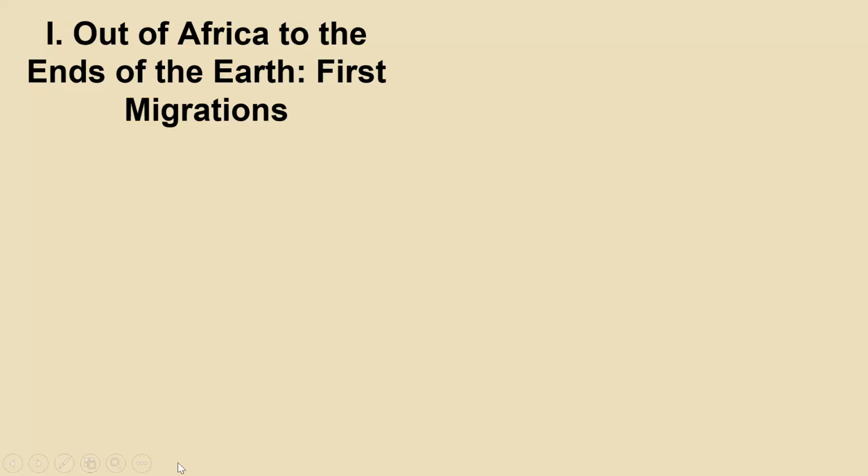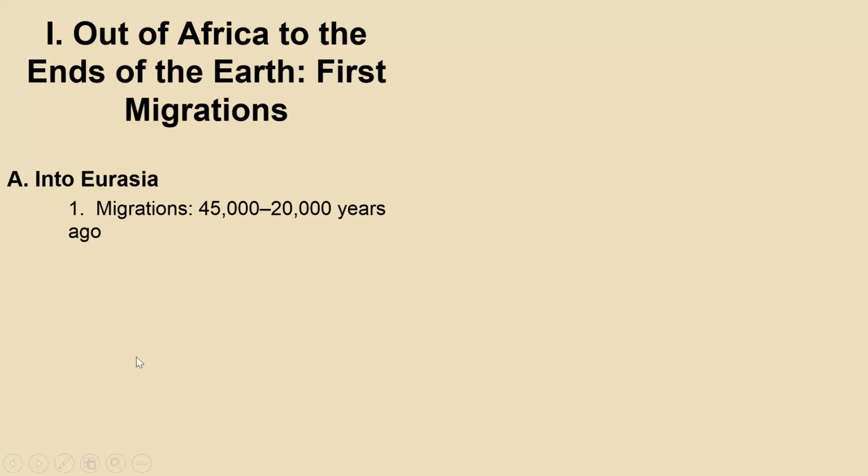So the first migrations we're going to talk about are migrations into Eurasia. These are migrations that go from about 45,000 years ago, initially into Asia, but then also into Europe.